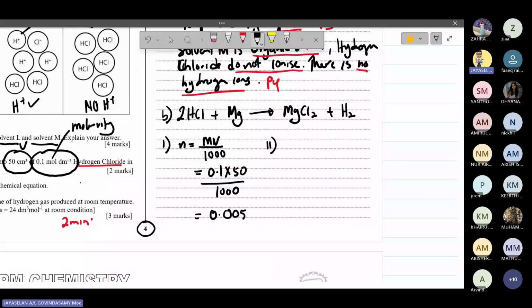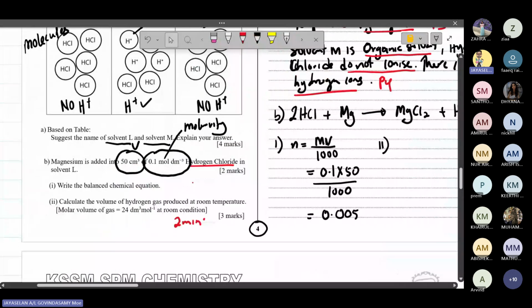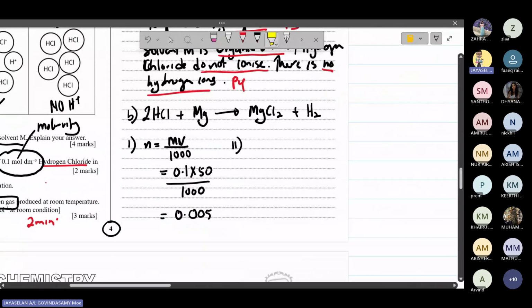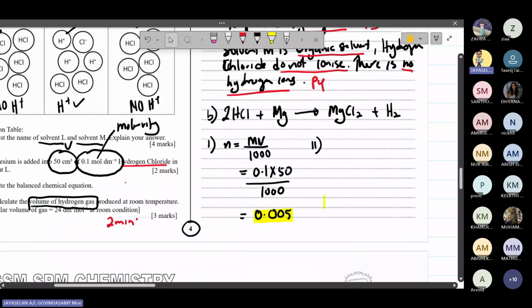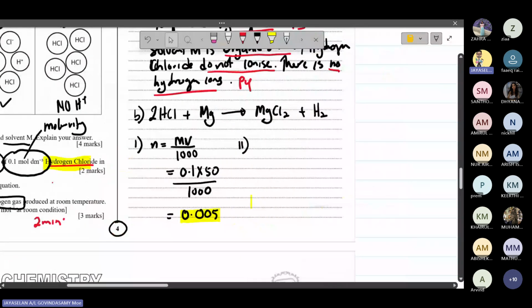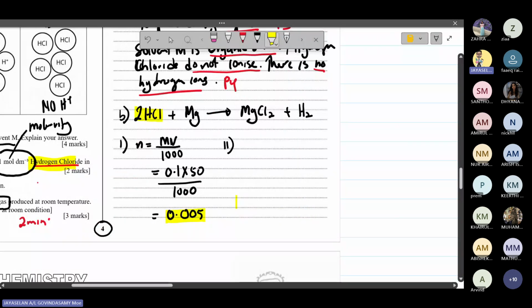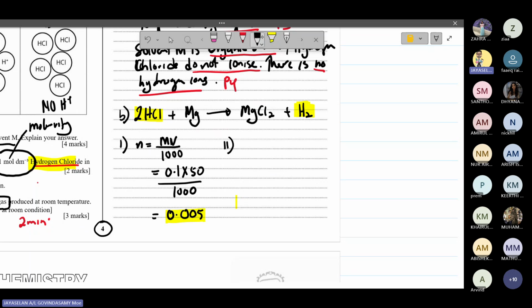Okay, second step, what do they ask? They ask you to calculate the volume of hydrogen gas. So use the equation. This number of moles, whose is it? You ask yourself, this is hydrogen chloride. See the equation, 2 mole HCl. And they ask the volume of hydrogen gas. So you must compare from the equation. If you don't like to compare carefully, do like this: 2 mole HCl, here how many mole? 1 mole H2. 2 becomes 1, half.